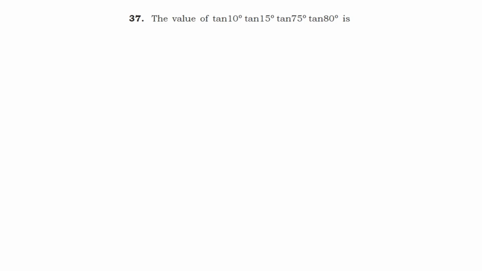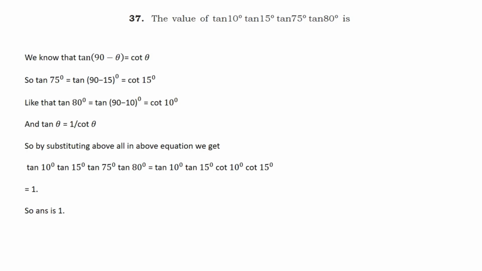37th question. The value of tan 10 degrees into tan 15 degrees into tan 75 degrees into tan 80 degrees is. First of all, if you see these types of questions, you can get a sense of addition of two angles getting to 90, right? 10 plus 80 is 90. 15 plus 75 is 90. So the concept is tan 90 minus theta equals cot theta, right?